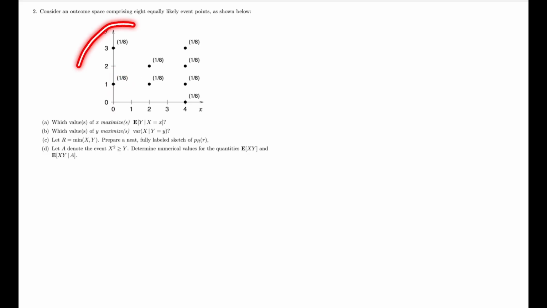So this is the joint PMF that we have been given, and these are the probabilities.